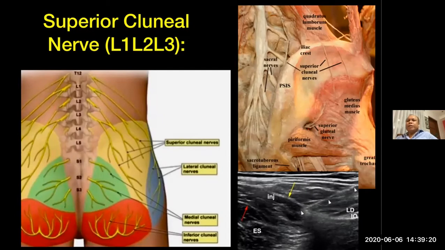Now, a lot of times when we examine the patient, we will notice that the patient experiences pain right above the iliac crest. In this area, this particular nerve, which is purely sensory, L1, L2, L3, are the ones that innervate it. And what is very interesting here is that this nerve is injured when we do torsional activities.